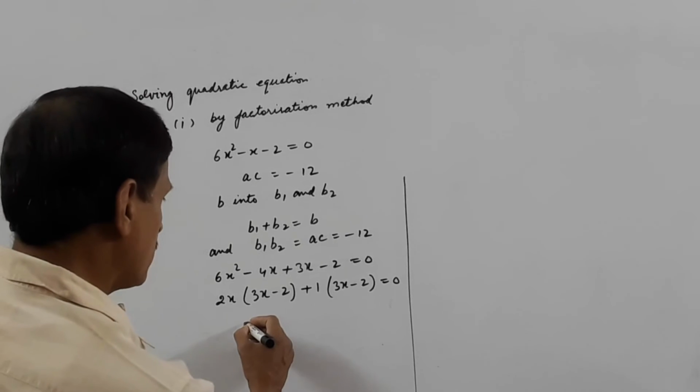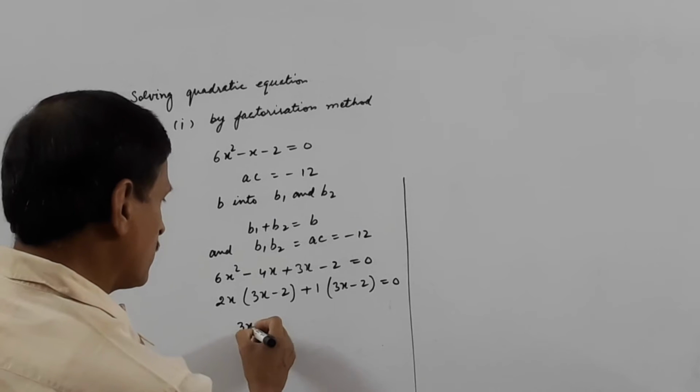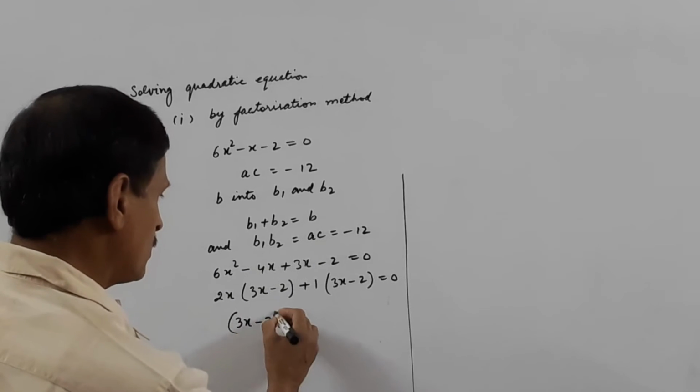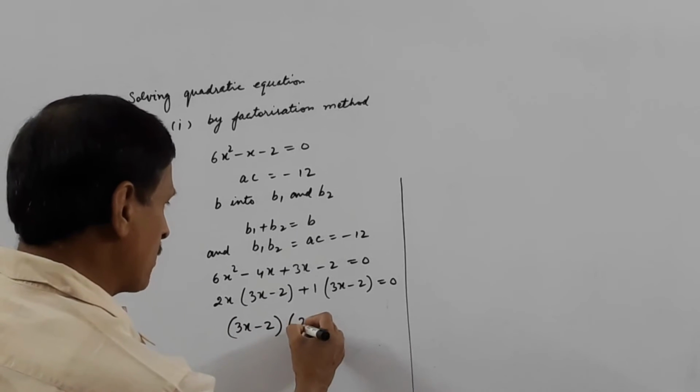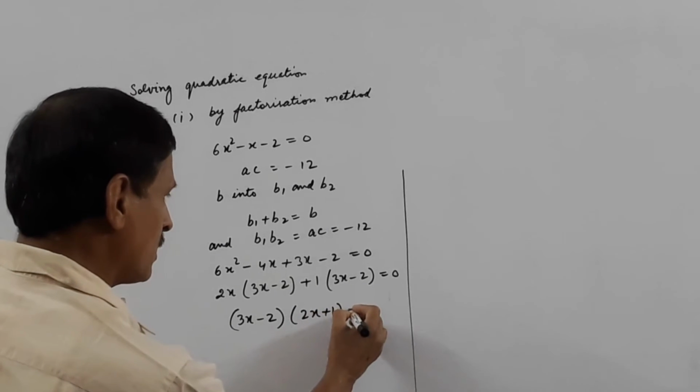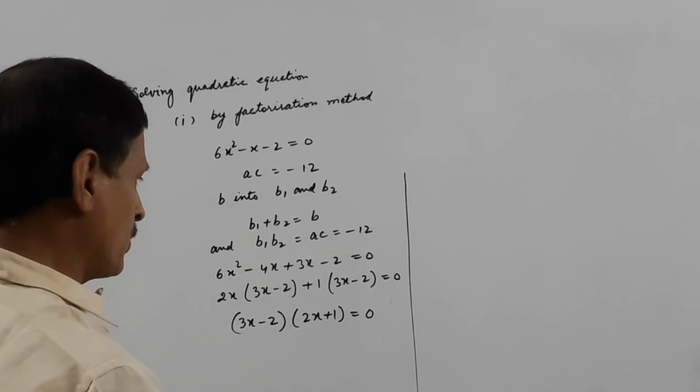It implies that 3x minus 2 multiplied by 2x plus 1 is equal to 0.